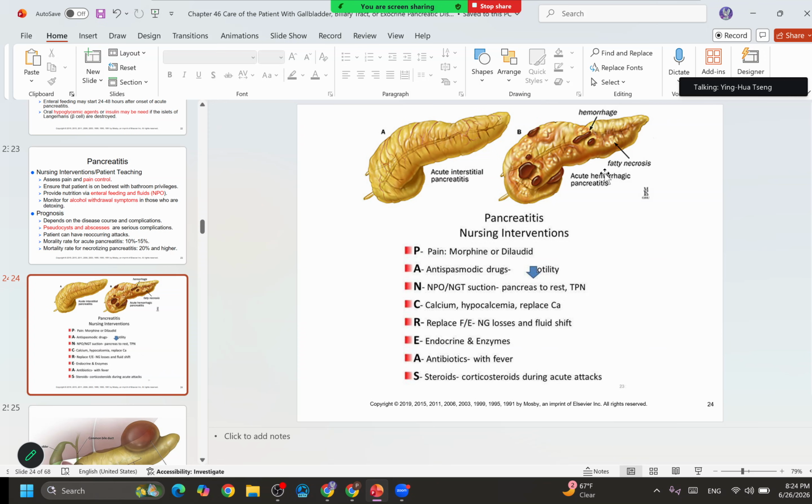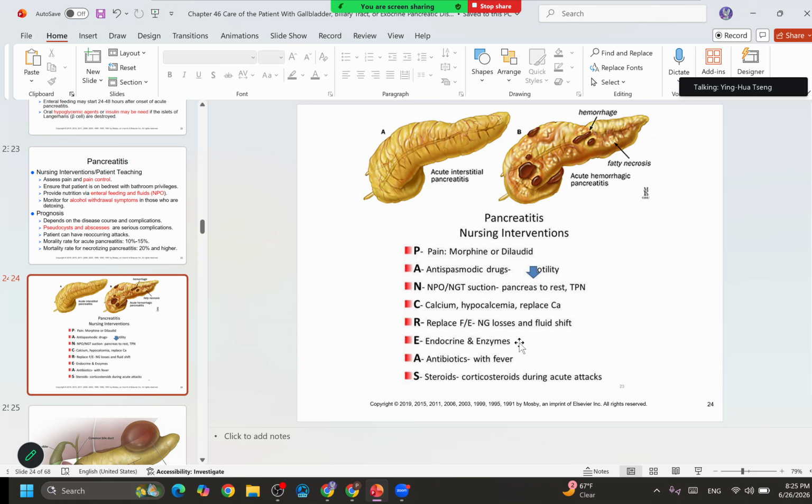So that's what causes the bleeding. Later on, we're going to talk about the bleeding side, okay? But here is the pancreas management. We give morphine or Dilaudid for the pain, okay? And also give a muscle relaxing medication. And NG tube or also NPO, both, okay? Here is another thing, calcium. I will talk to you later about why calcium. So you will know the calcium later. For the NG loss of fluid, we replace it, usually with IV.